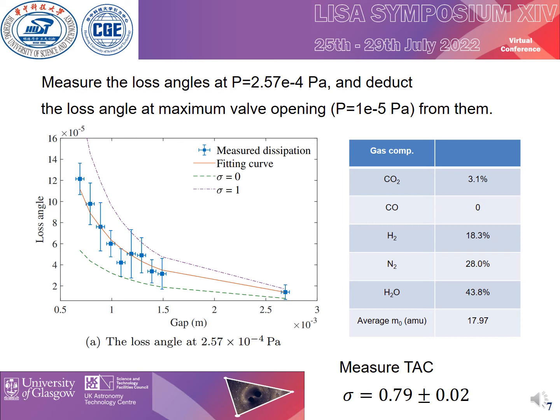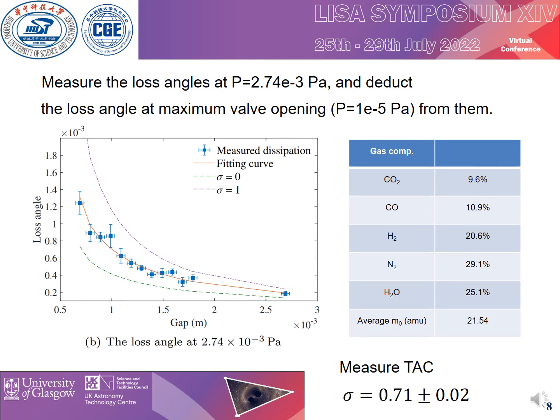From the figure, we can find that the measured dissipation is between the lines of sigma equals 0 and sigma equals 1. This result verified that the real process contains both the elastic collision and the inelastic collision. The thermal accommodation coefficient can be numerically fitted out as 0.79.